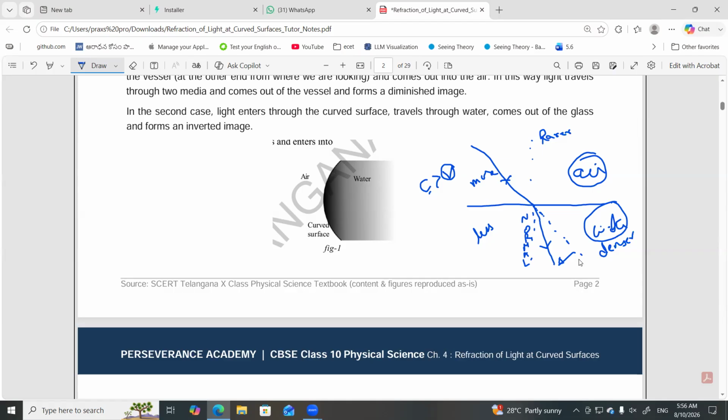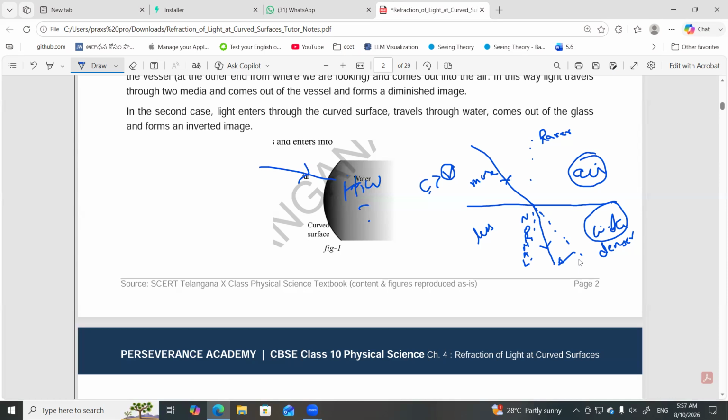Now, light ray is coming from air to water. Now, how does it react here? What is the difference here? What is the surface? Surface is looking plain.